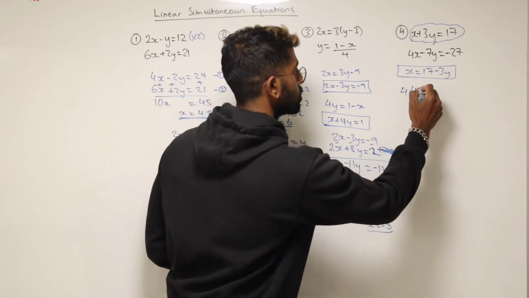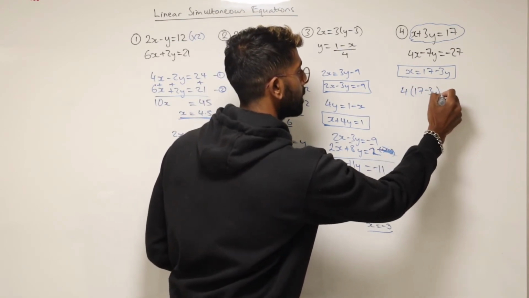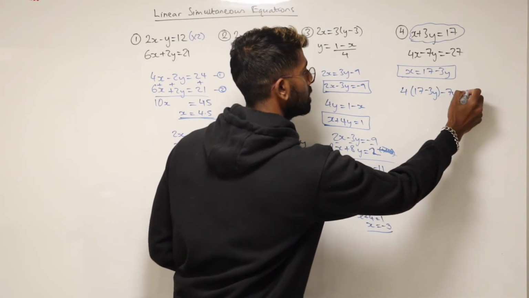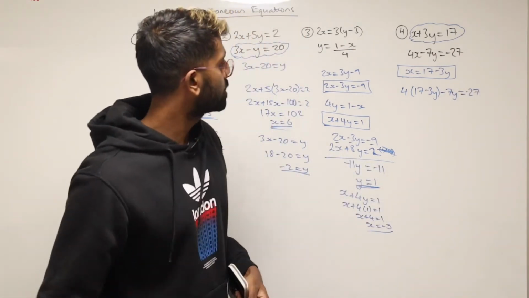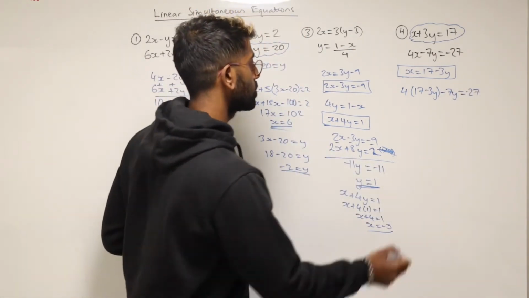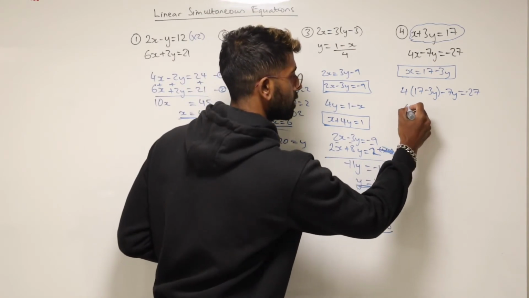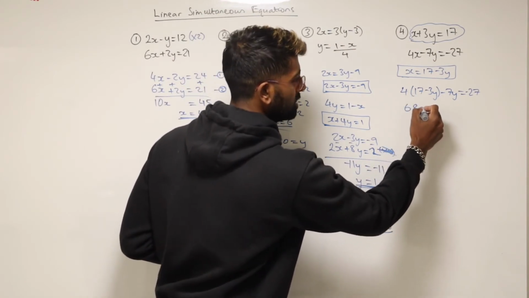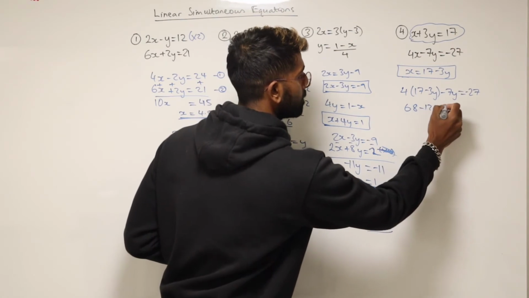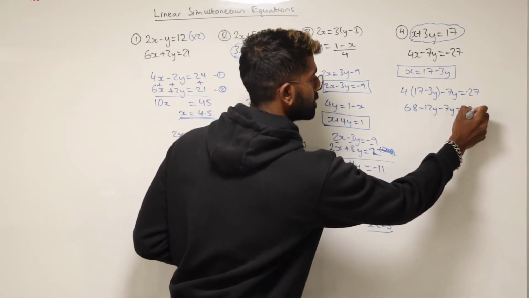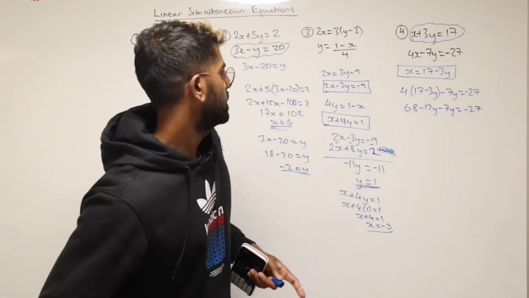So 4 lots of 17 minus 3y, minus 7y equals minus 27. So let's times that out now. So that there is 68 minus 12y minus 7y equals minus 27.